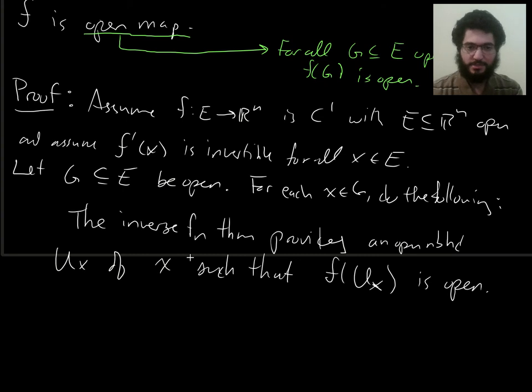So for each x in G, we're going to use the inverse function theorem to get a neighborhood of x that f maps to an open set.